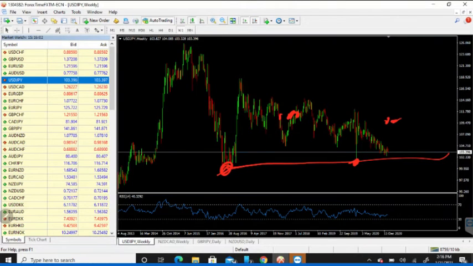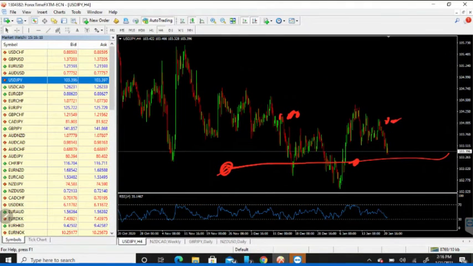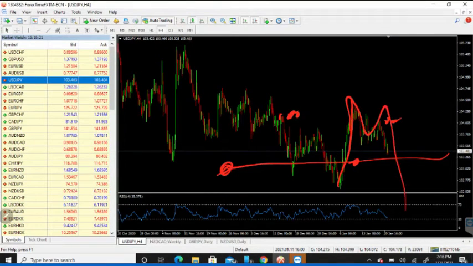Now, why do I say that? I've followed this pair for quite some time, and if you watch the YouTube video about this pair, we actually mentioned that it was going to make this pullback before we take it down.